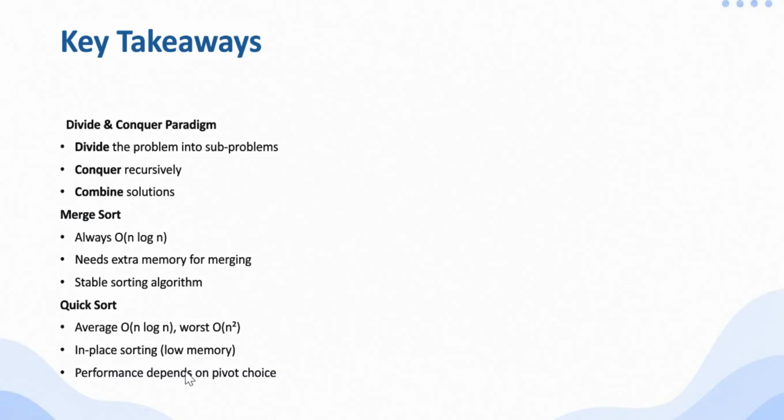That's why choosing an effective pivot is crucial for achieving good performance, right? So the key lesson is there is no single sorting algorithm best for every situation. Understanding their strengths, limitations and trade-offs allows you to select the most appropriate algorithm based on the problem, right?